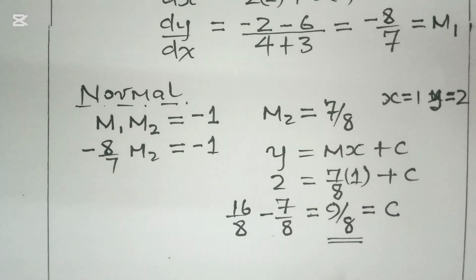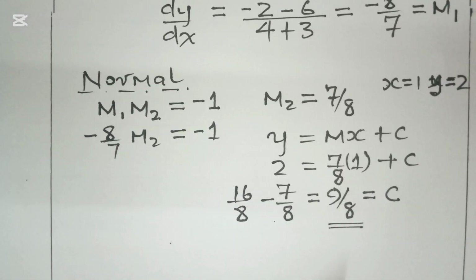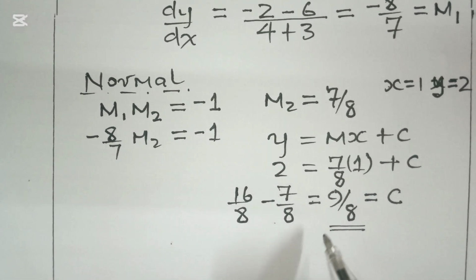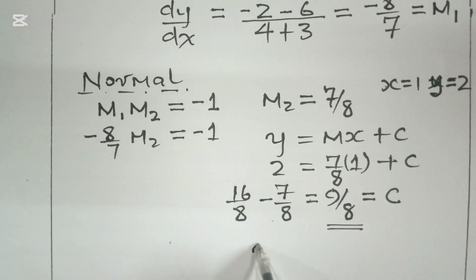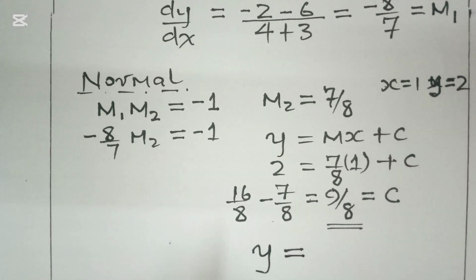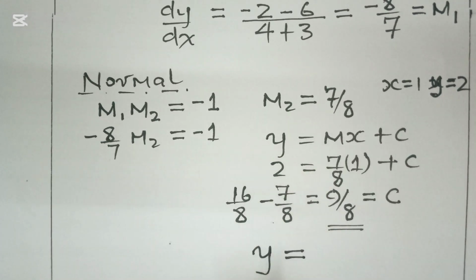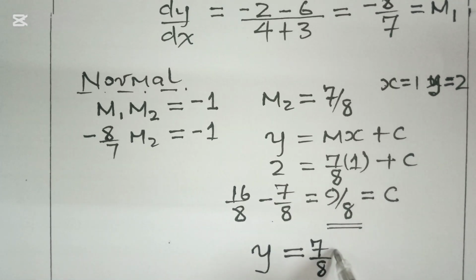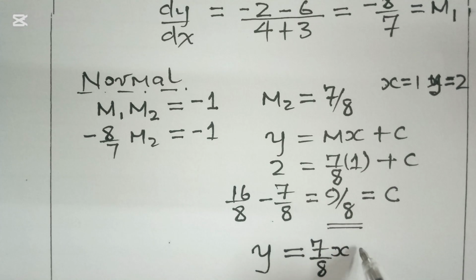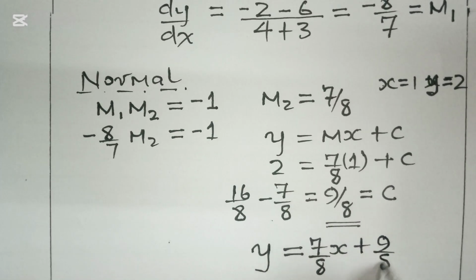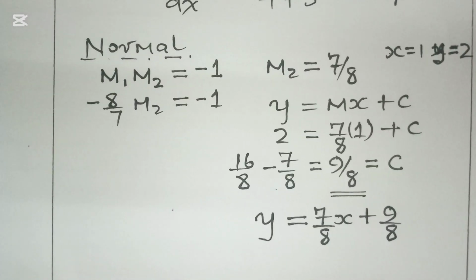Having found my constant, I can now have my equation. And the equation for the normal is going to be y equals, m, the gradient, is 7 over 8, x plus c, 9 over 8. And now I can multiply everything by 8.